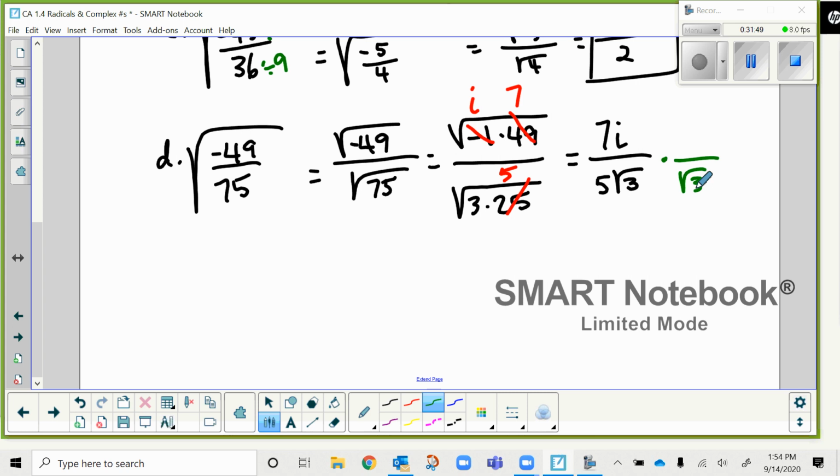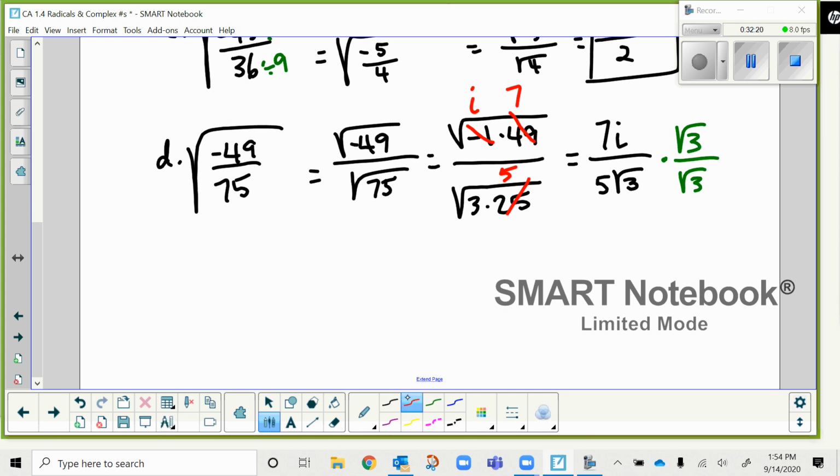But whatever you do to the bottom of the fraction, you have to also do to the top because it preserves the value of the number, meaning this square root of 3 over the square root of 3. Anything divided by itself is just 1. So even though it doesn't look like 1, that's what I'm really multiplying by. That means I'm not changing the value, I'm just changing the form of the number. And so here's what I would get next.